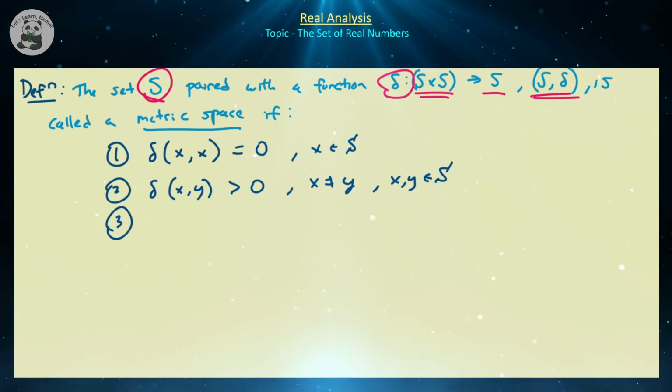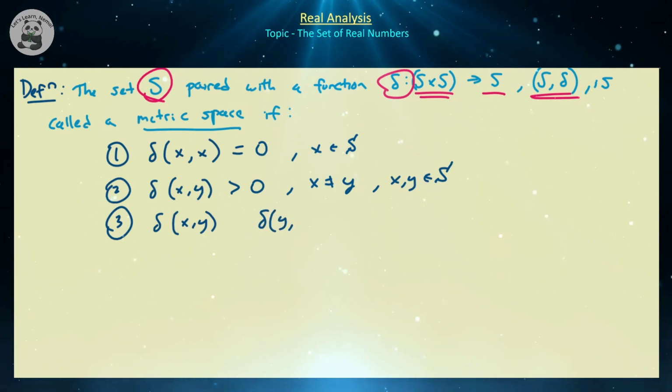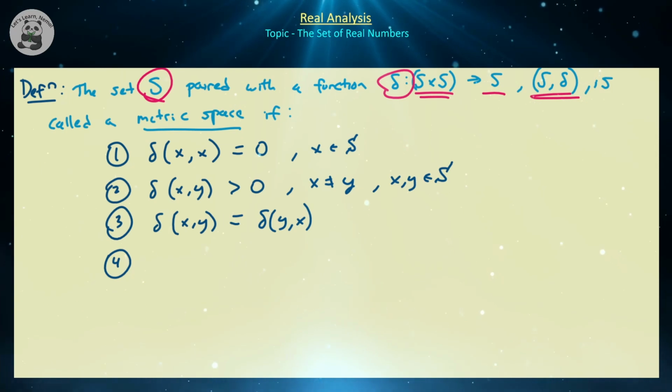The third property is that this metric is symmetric. So the distance between x and y and the distance between y and x are going to be viewed as equal. And the fourth property, which is sometimes referred to as the triangle inequality, is usually the hardest one to prove for general sets S and functions delta.